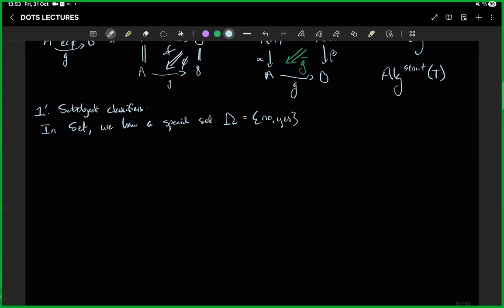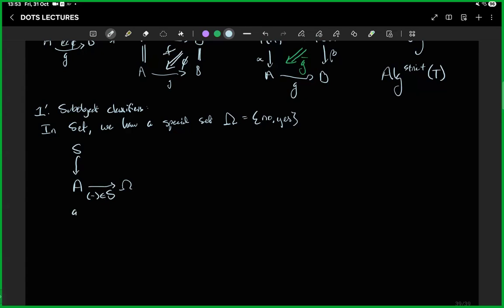And there's a reason that this is a special set, because if I have any set A and any subset of A, which I can write via the inclusion, then I can write a function from A into omega, which is: is my element in the subset?